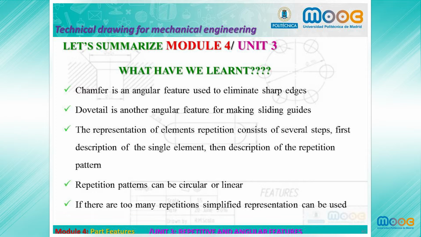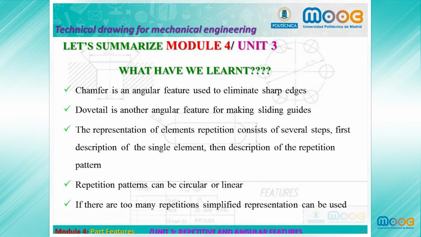What have we learned? Chamfer is an angular feature used to eliminate sharp edges. Dovetail is another angular feature for making sliding guides, pairing male and female profiles. The representation of element repetition consists of 2 steps. First, we describe the single element, and then we describe the repetition pattern.